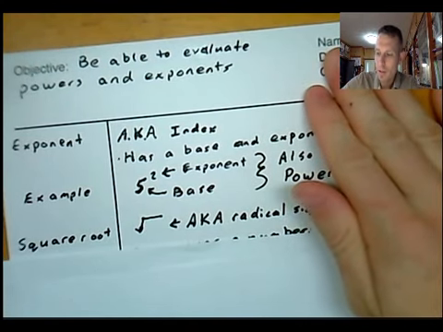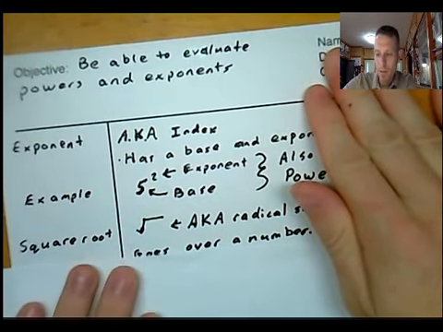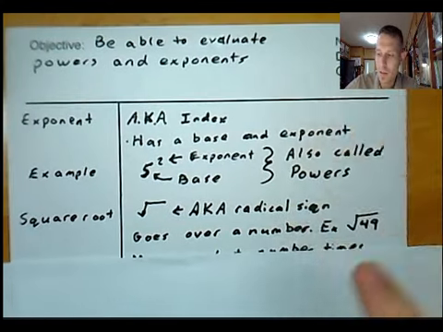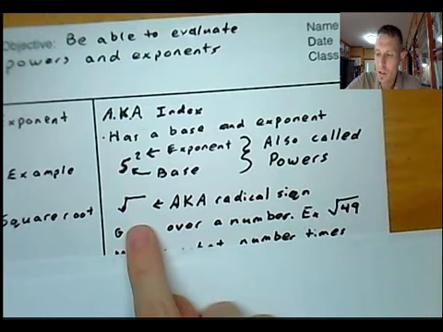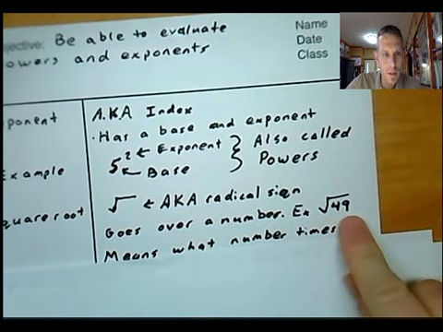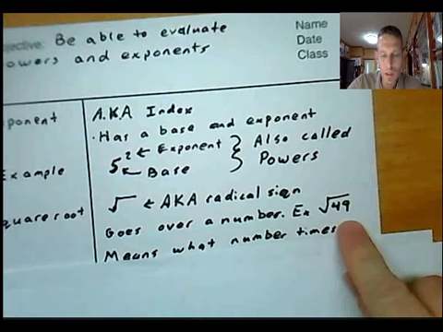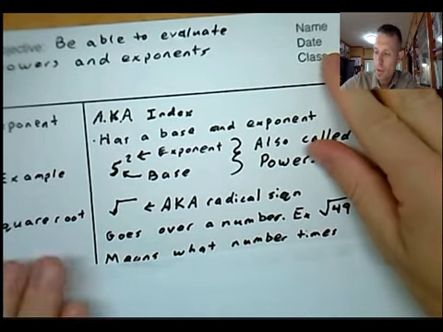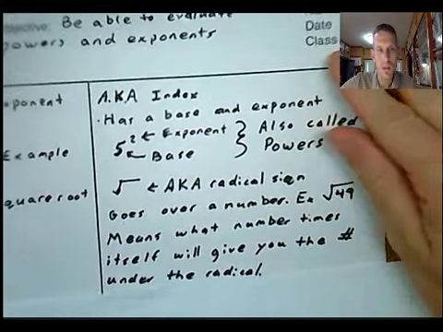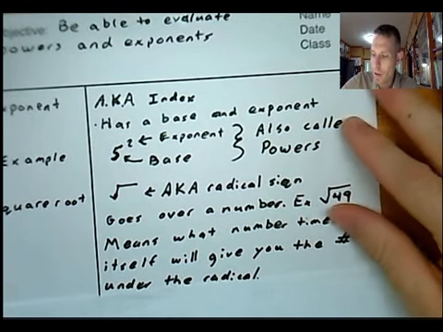Now we also have another symbol that you've probably seen before, and that's called the square root symbol. Sometimes this is also called the radical sign, and this goes over a number. For example, you can see here the square root of 49. This means what number times itself will give you the number under the radical.